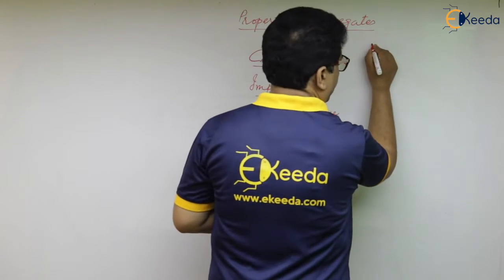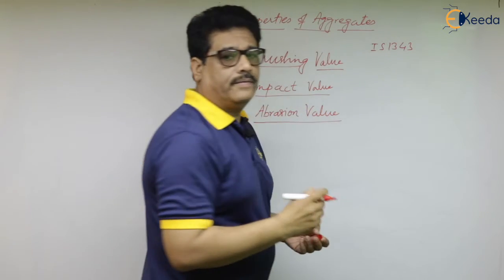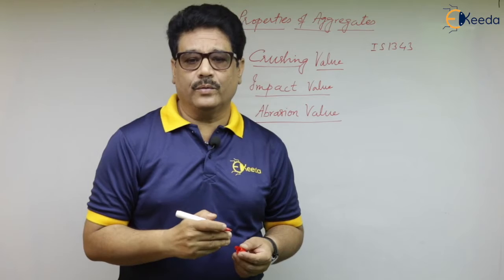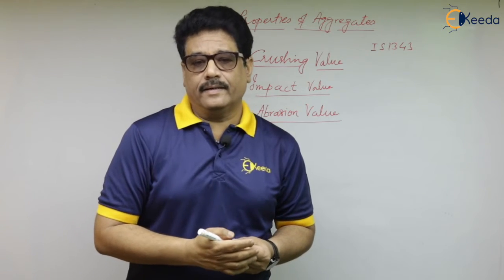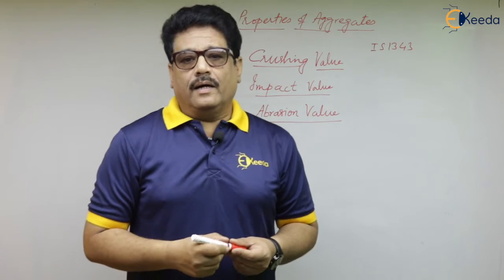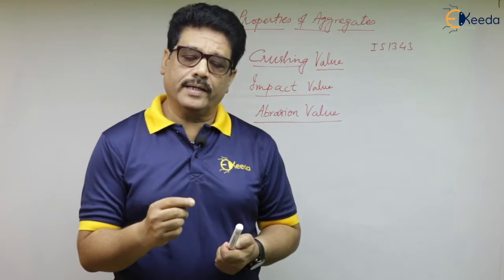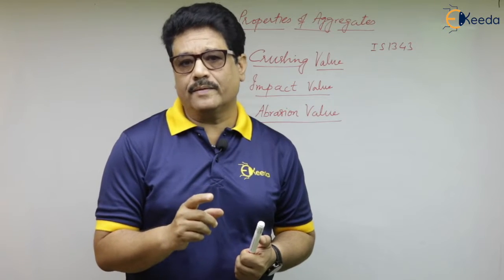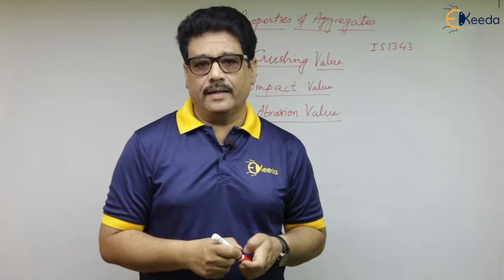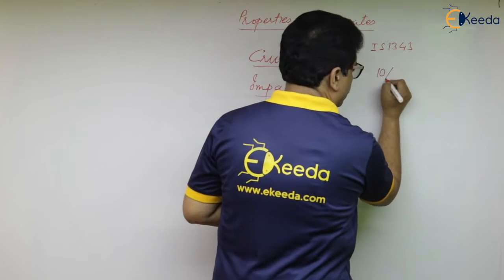Generally, IS 2386, different parts, part 1, 2, 3, 4, is there to set standards for all these values. The main tests carried out on aggregates are the crushing value test, the impact value test, and one more test, that is the 10% fines test.